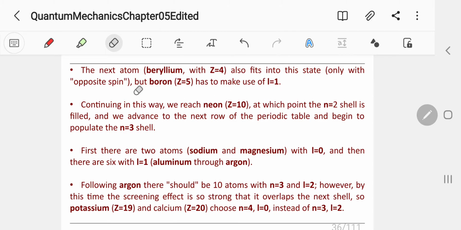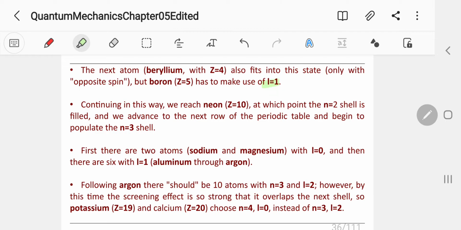But for boron, which has Z equals 5, l equals 0 in the n=2 orbital is already filled, so the fifth electron has to fill l equals 1.